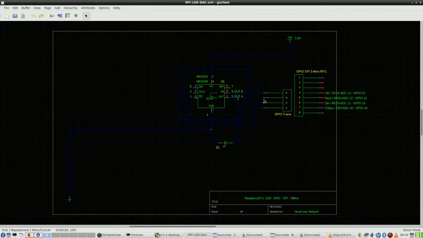The connection. Ignore this one. It's this one, 5 to 2. And yeah, SPI is 3-wire. Actually, this is correct. SPI 3-wire.